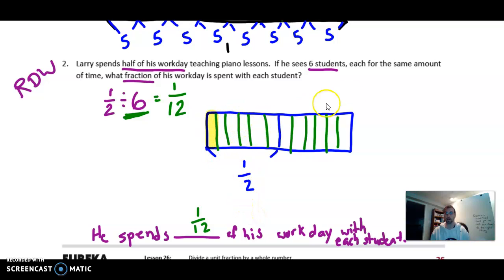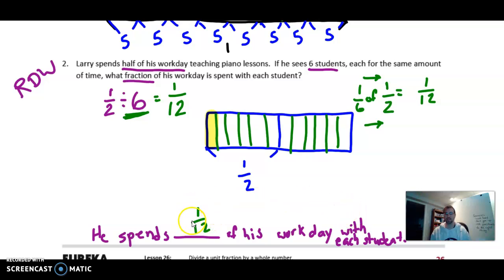You could also think about this, as we mentioned in multiplying. You have a half, right, and you're taking 1/6 of the half. We know that's multiplying to give you 1/12. We can certainly just multiply those across. Okay. Now, does it make sense he spends 1/12 of his day with each student?